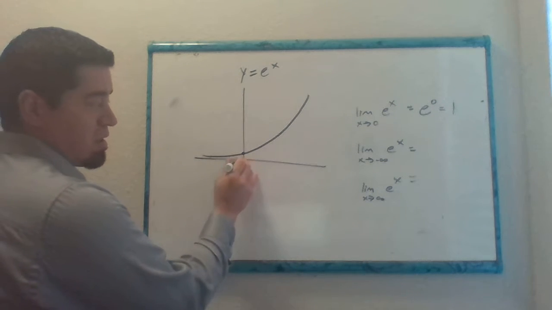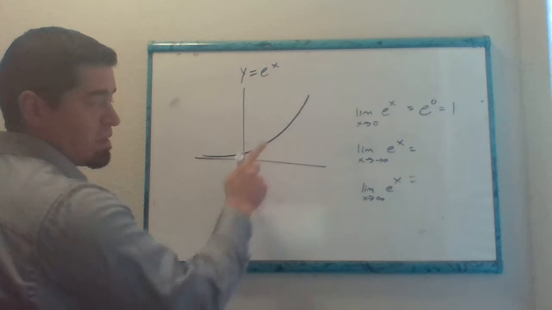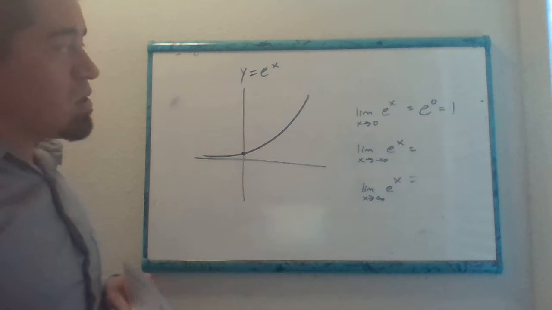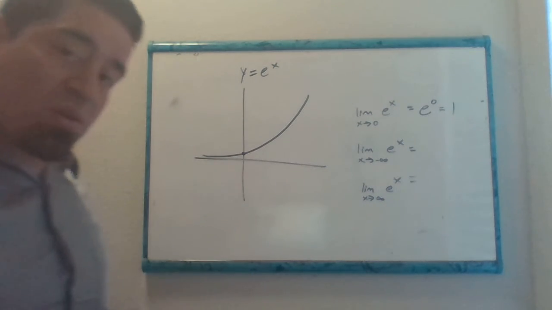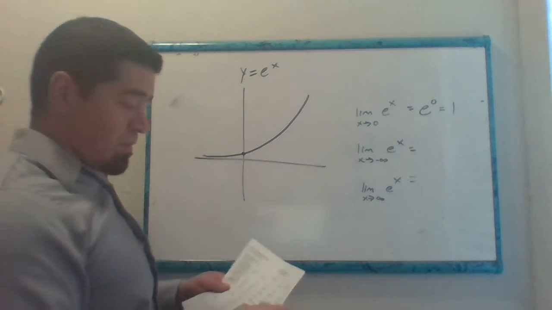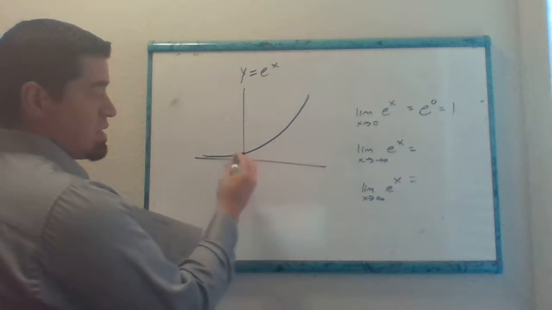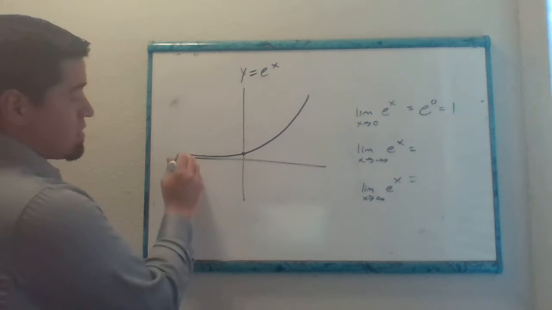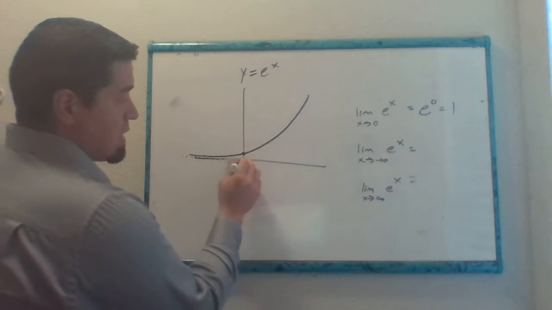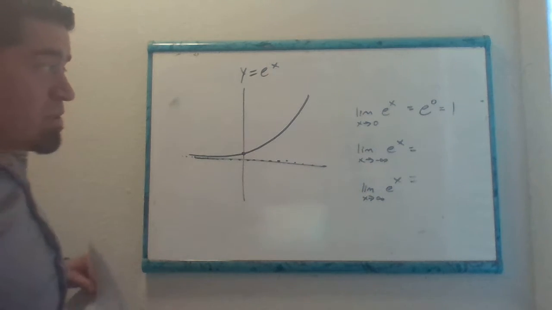So in other words, the limit from the left is 1, the limit from the right is 1, because e to the 0 is 1. So that's the limit of e to the x. Again, that brings up an important point: the first thing you try is direct substitution. Here, if I look at my graph, as x goes to negative infinity, there's an asymptote right here for exponentials.